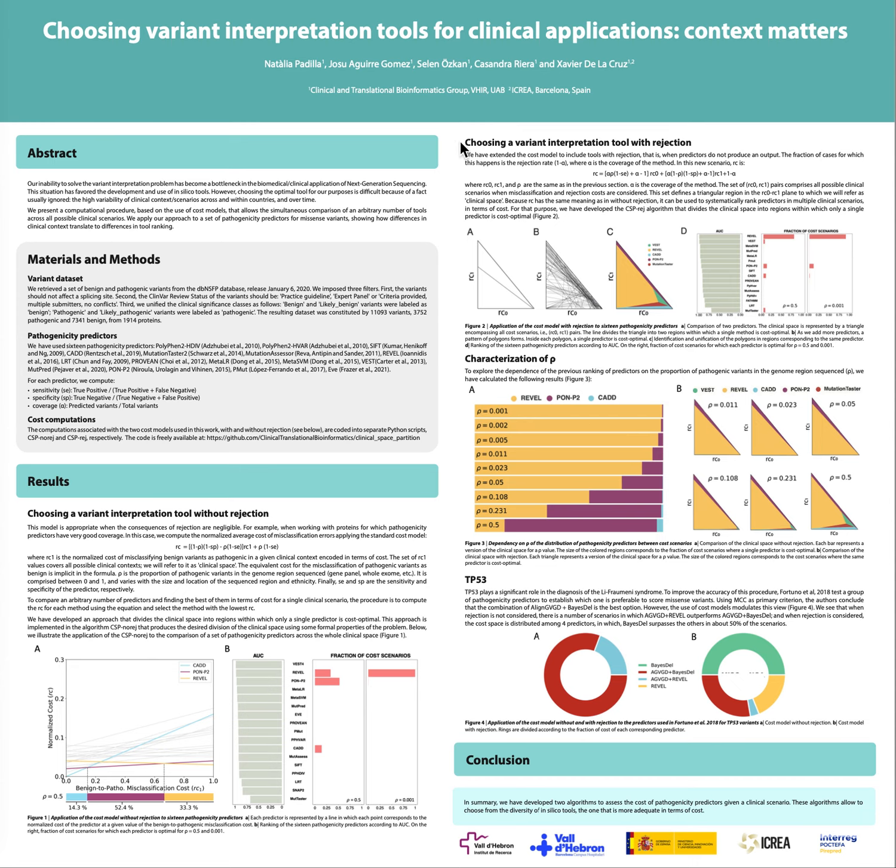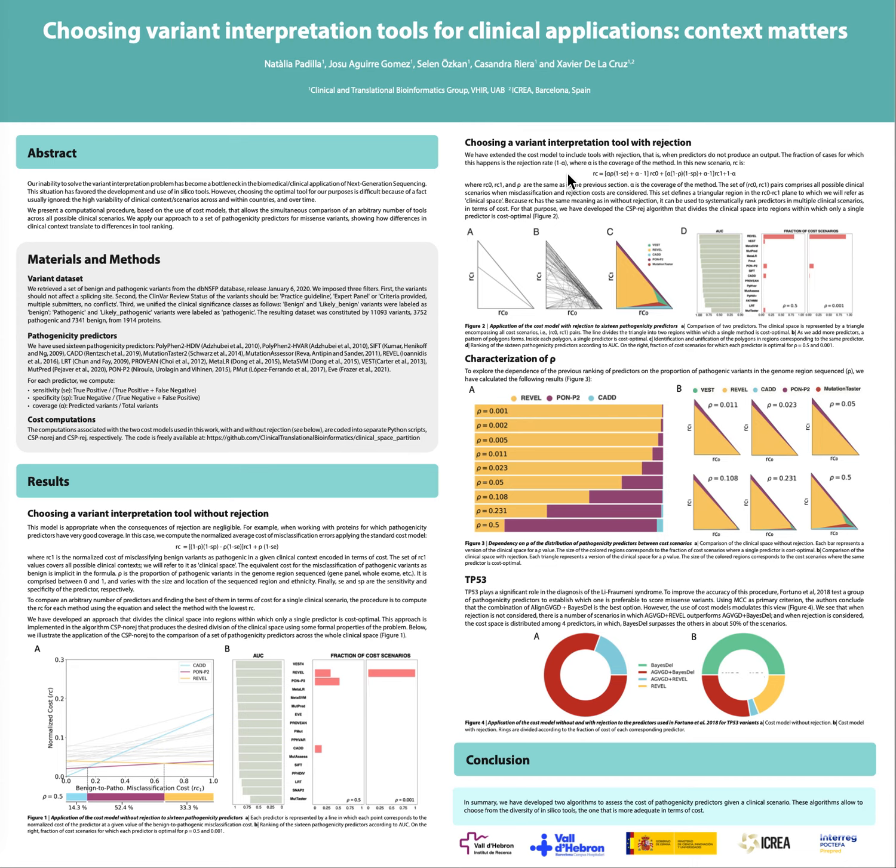Additionally, we can also extend this model to take into account the rejection, that is, when predictors do not produce an output. In this case, the formula is this one, with alpha, that is the coverage. The set of RC0 and RC1 pairs comprises all possible clinical scenarios, when misclassification and rejection costs are considered.